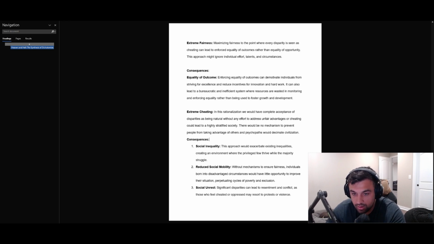So on the opposite end, I don't really need to argue for this either, because everybody knows cheating is bad in general. But extreme cheating in this rationalization would be complete acceptance of disparities. So it's not just that people are engaging in cheating, it's that everybody's accepting cheating as being something that we should strive for.